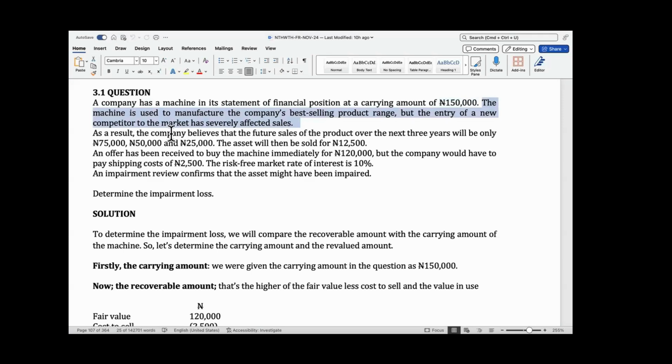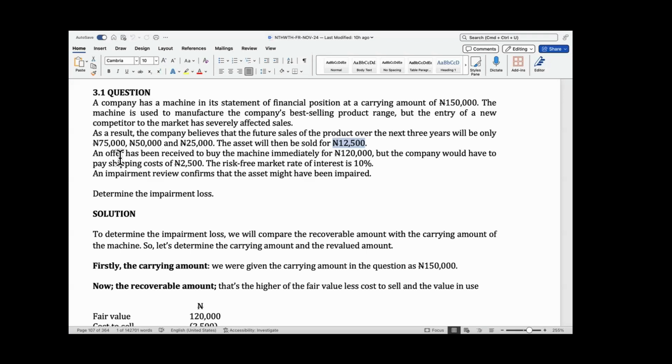So they gave us the future sales of the product for 3 years, and also how much you can sell the assets for at the end of that 3rd year.